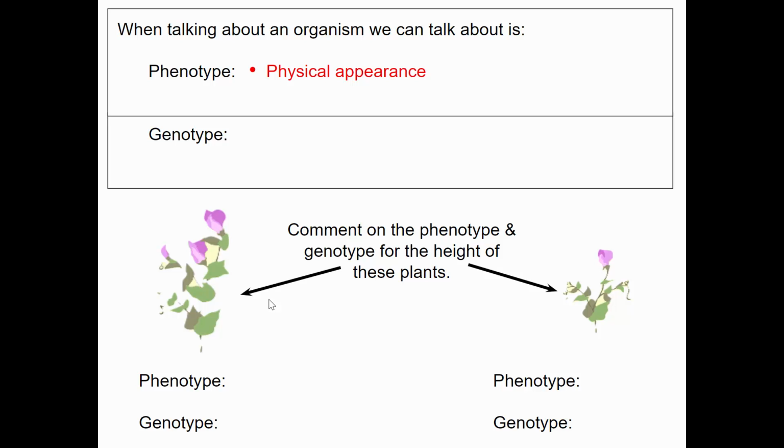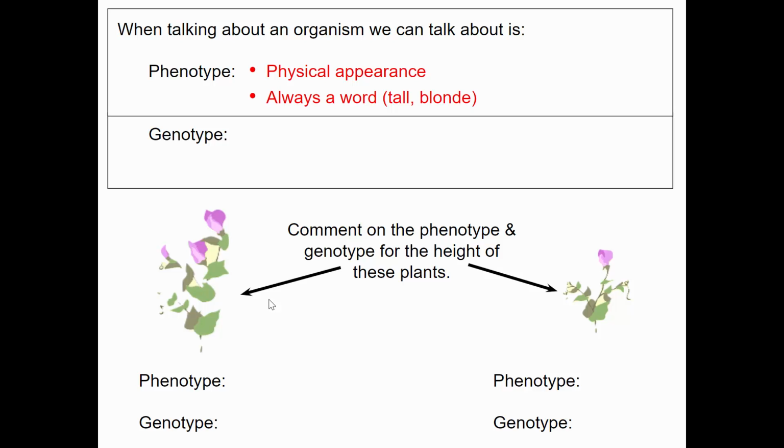That's where the P, link those together, help you remember. So if I say the plant is tall, the plant is short, those are examples of its phenotype. Phenotype for a person might be, he has blonde hair, he has green eyes. Those are phenotypes. They're describing how the genes appear.